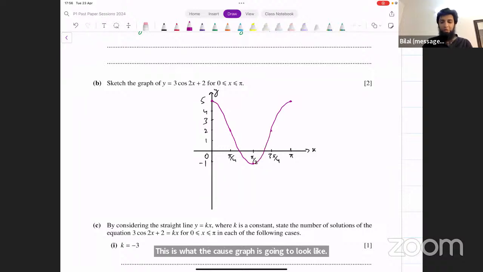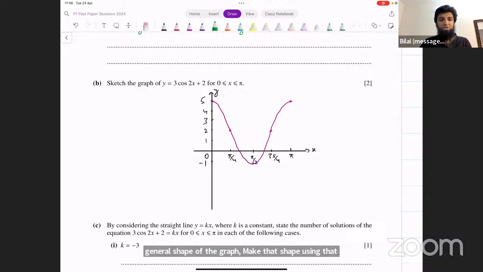If you do not remember the shape, you would need to take a smaller step in that case. You will need some additional values. So that's why remembering shapes really helps, because you can just take a few points, and then since you remember the general shape of the graph, you can make that shape using those points.